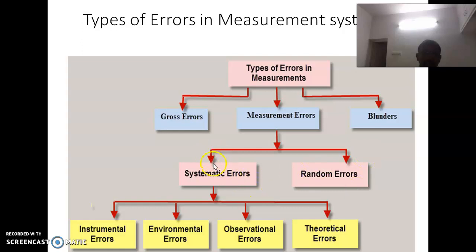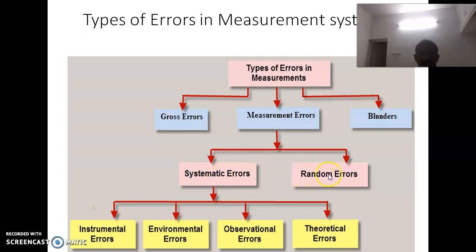Systematic errors can be easily traced. The reasons for systematic errors are known, and you can eliminate these systematic errors easily. You know the cause of the systematic errors.